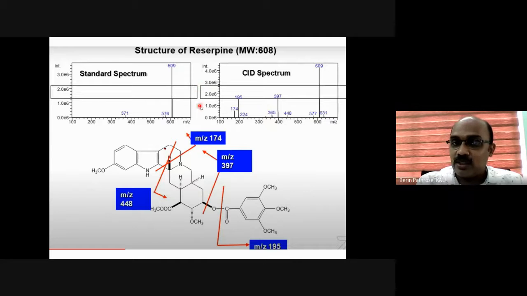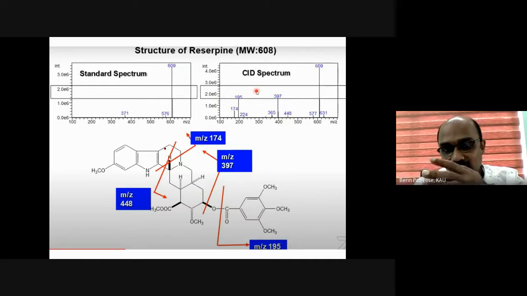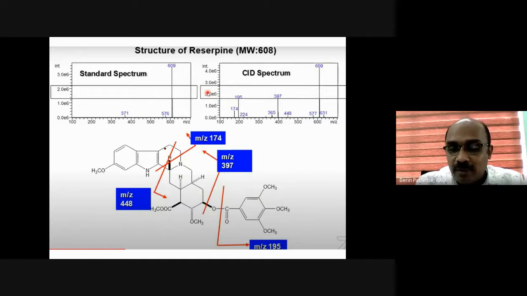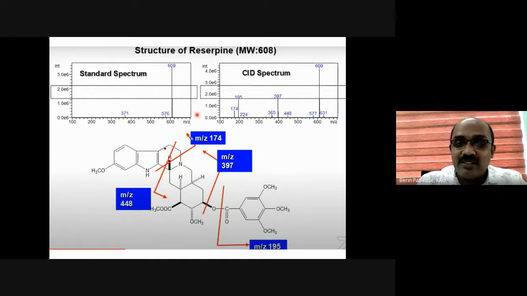If another compound has 18, then it will be different. It may be 14, 3, and 1. It can be anything else. So this we call the fragmentation pattern because we break down the compound into fragments. This fragmentation pattern is unique for each and every compound.